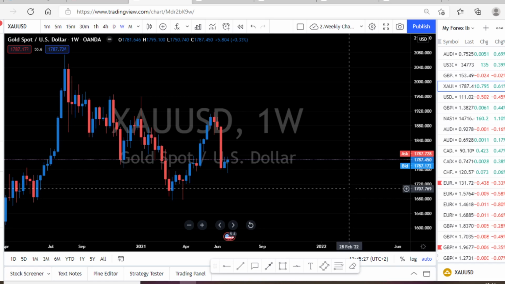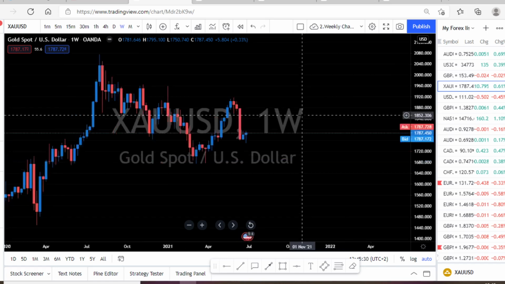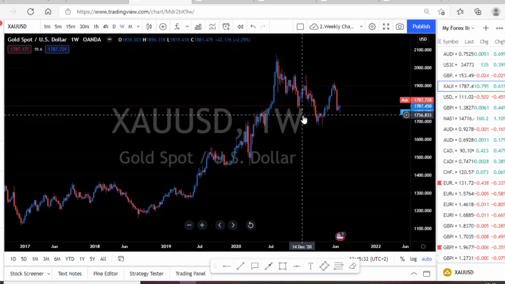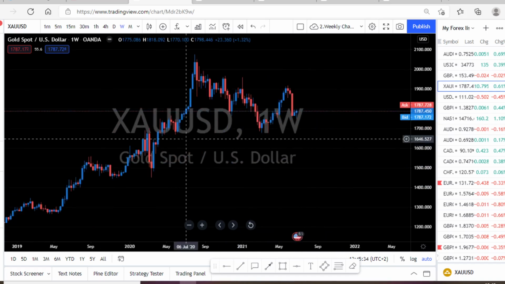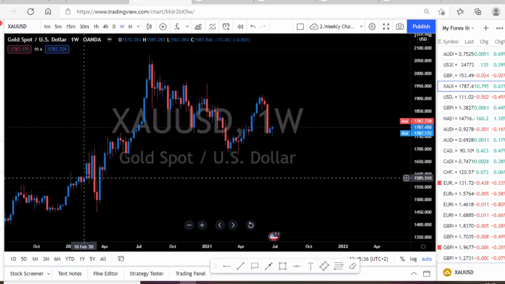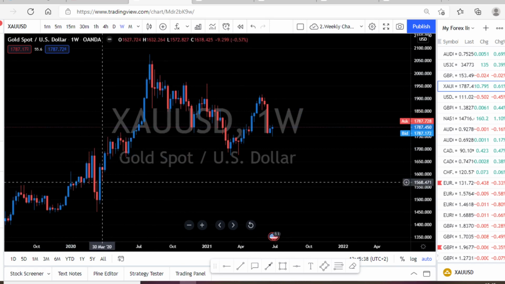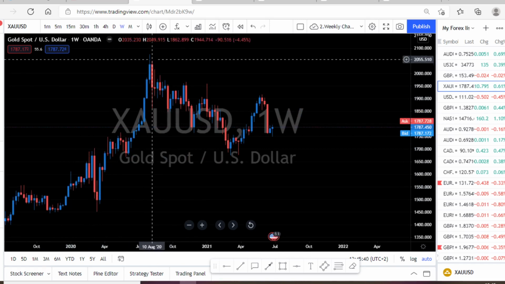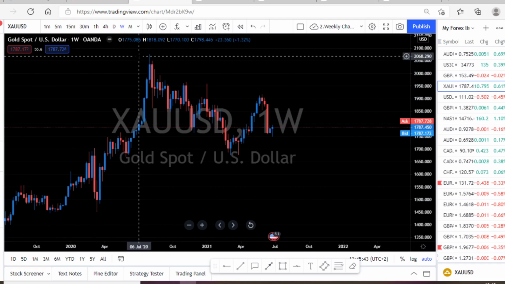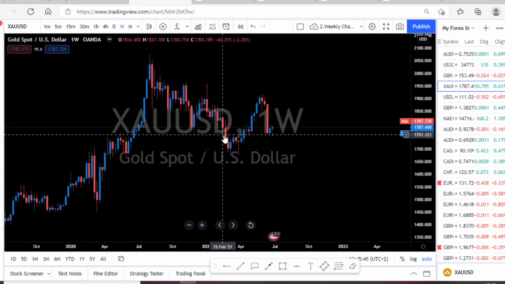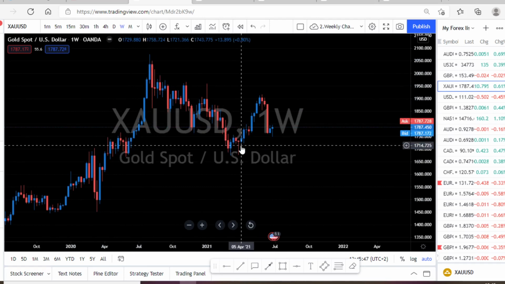Okay, so let's just jump to the weekly time frame where we are at this point. We are still on an uptrend. Nothing can change this trend in 1 week. We were pulling back from last week. Then this is a pullback leg.